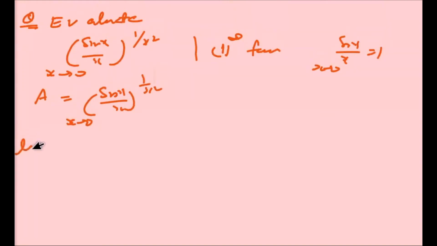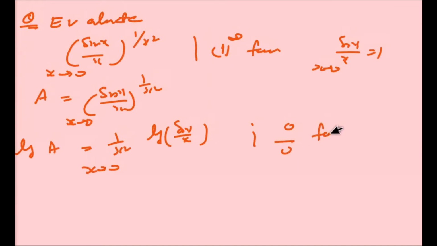Taking log both sides, we can say 1 upon x square log of sin x upon x, x tends towards 0. Now it is log 1, so 0, and 0, so 0 upon 0 form.